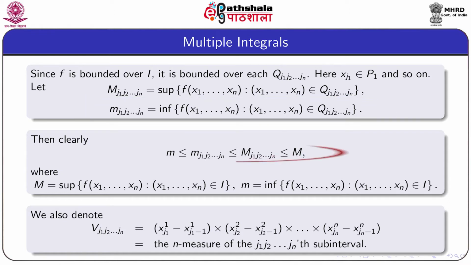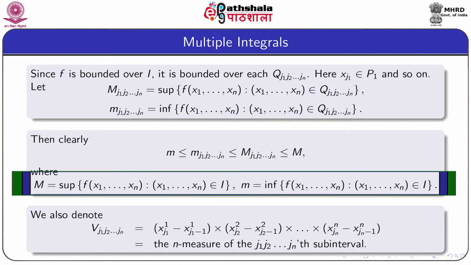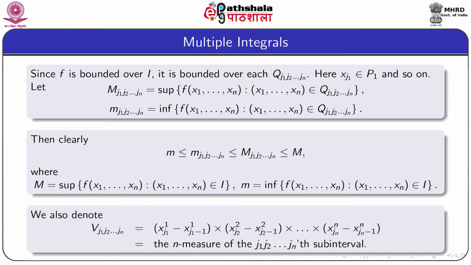Clearly, small m is less than or equal to small m(j1, j2, ..., jn), which is less than or equal to capital M(j1, j2, ..., jn), which is less than or equal to capital M, where capital M is the supremum of f over I and small m is the infimum of values of f over I. We also denote V(j1, j2, ..., jn) equal to the n-measure of the subinterval Q(j1, j2, ..., jn).